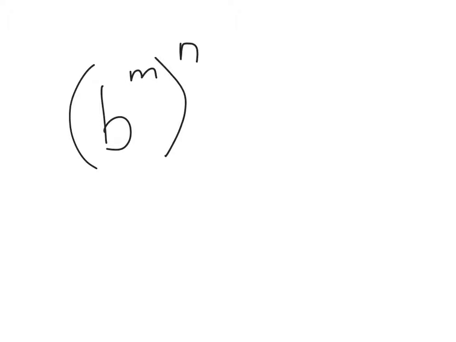Okay, the next rule is called our power rule, and our power rule says that anytime we have any number, we'll just call it b again, raised to a power, but then we're taking that and raising that again to another power. A quick way of solving that would be, our answer would just be that same number, but we've just multiplied those 2 exponents.